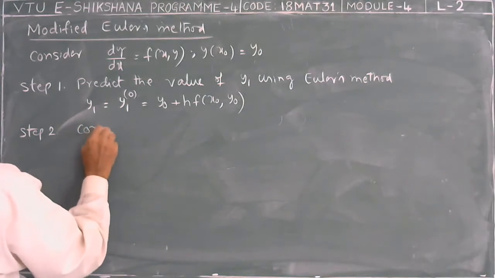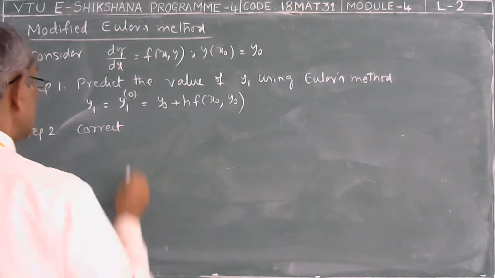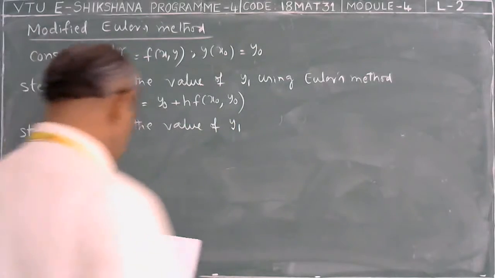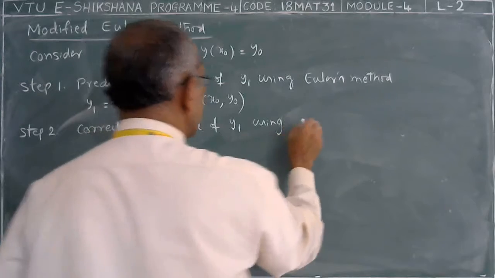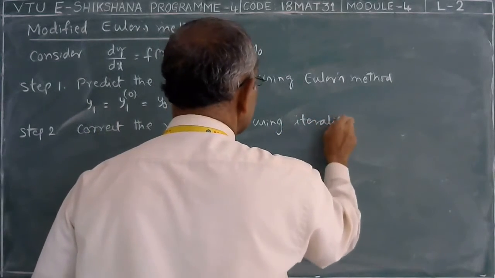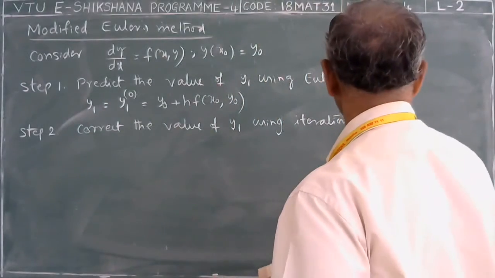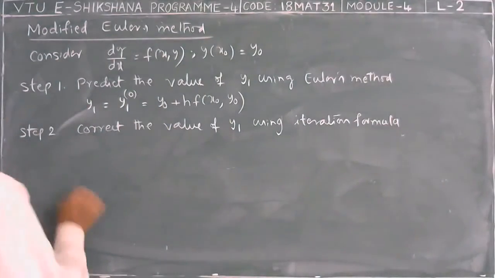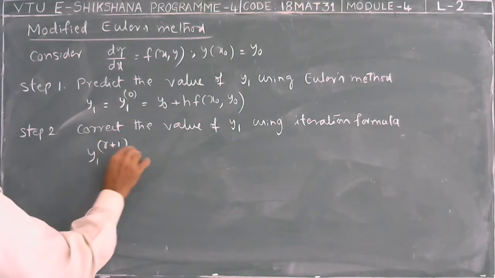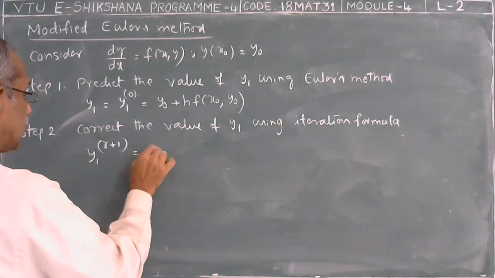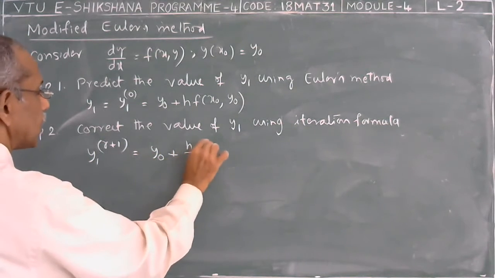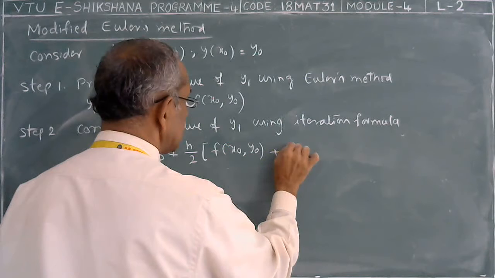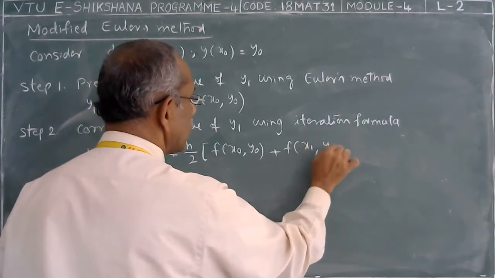Step 2, correct the value of y1 using iteration formula, y1 r plus 1 is equal to y0 plus h divided by 2 into f of x naught comma y0 plus f of x1 comma y1 0.